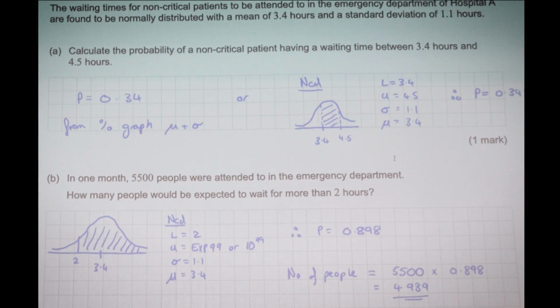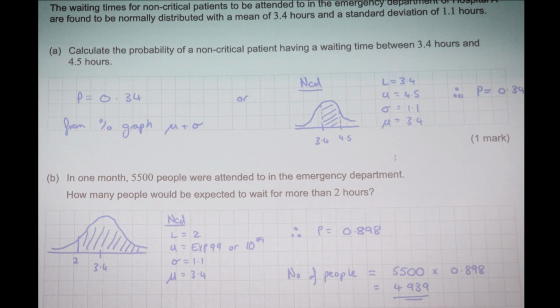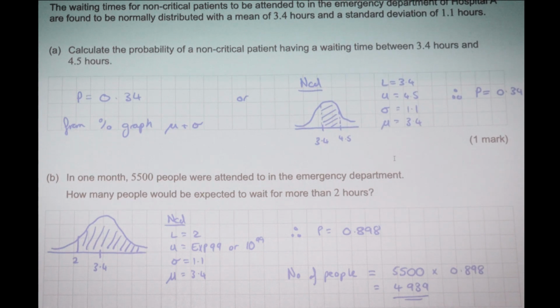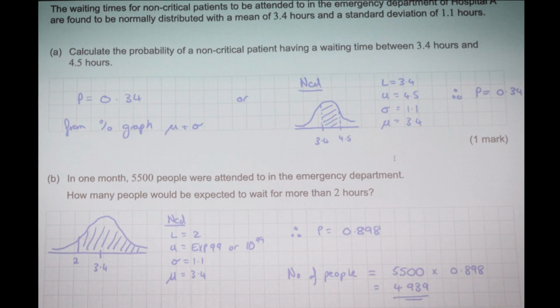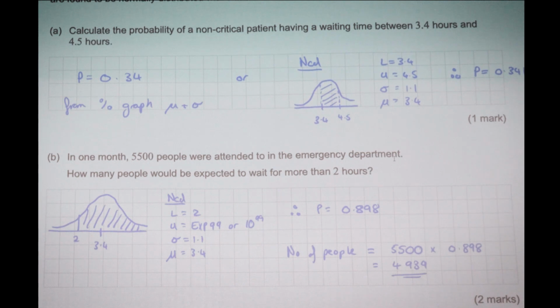So it's one standard deviation away from the mean, so we're happy to accept 0.34 as the probability. They could also have done an NCD calculation with that one, and I'm just giving an example of how you might have done that with NCD, but really we're just looking for the 0.34 in terms of the probability there.